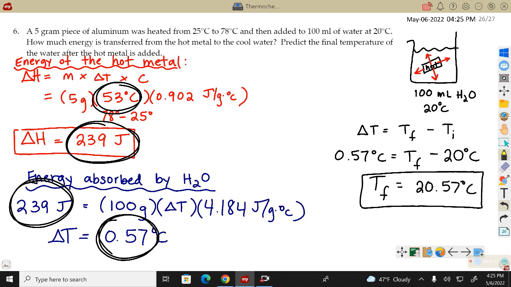It just takes more heat energy to raise 1 gram of water up 1 degree Celsius. It takes 4 times as much heat energy to increase the temperature of the water compared to that of the metal.